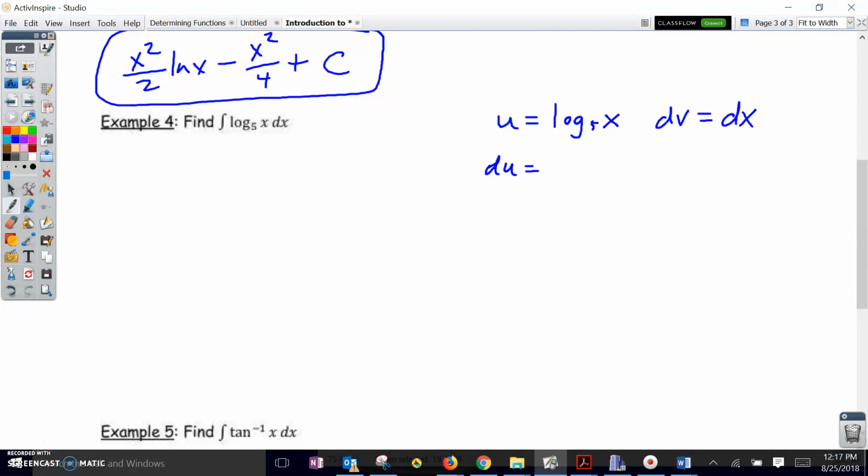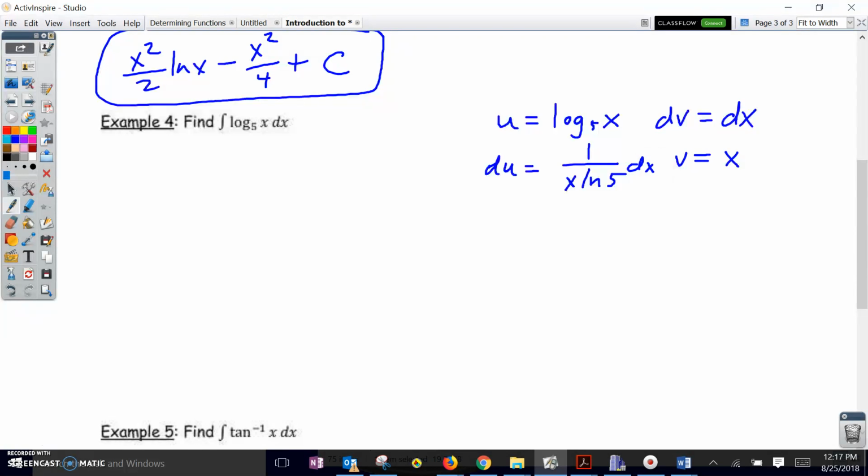Oh gosh, what's the derivative of the base 5 logarithm of x? Well, that's going to be, let's see, natural log of x over natural log of 5, that's going to be 1 over x natural log of 5. And the integral of dv is just going to be x.